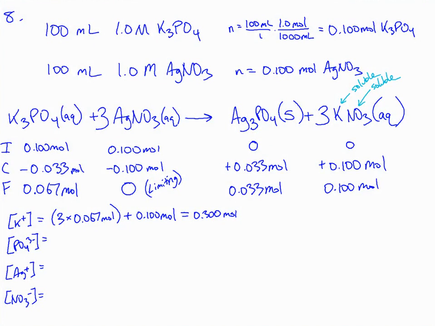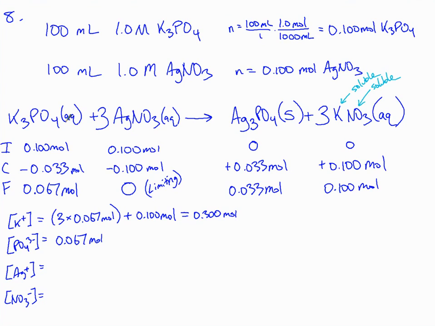For the phosphate, here's what we have. We have 0.067 moles of phosphate ions in the reactants, and it's just 0.067 because there's only one phosphate in this compound.